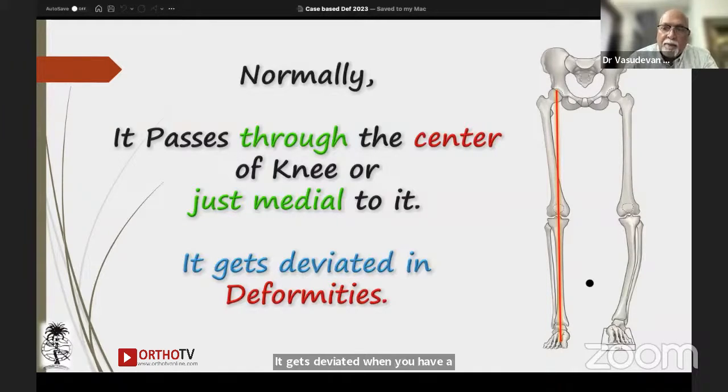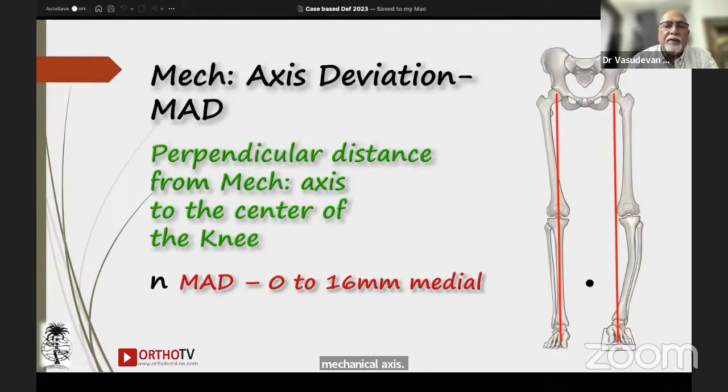But in many cases where there is a deformity of the upper end of the femur and the distal end of the tibia, you can have a mechanical axis going through the center of the knee joint. For example, in a coxa vara, sometimes you may not see a mechanical axis deviation. Normally, that is a mechanical axis deviation.